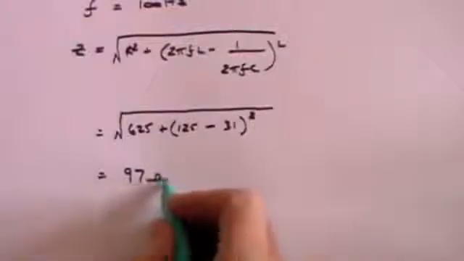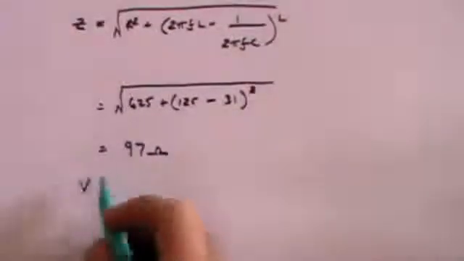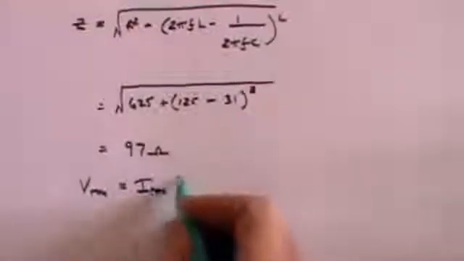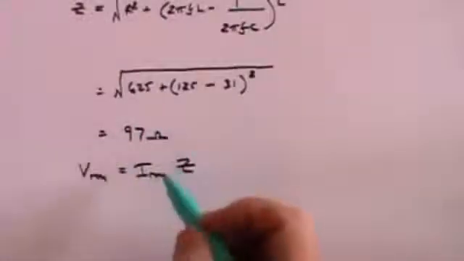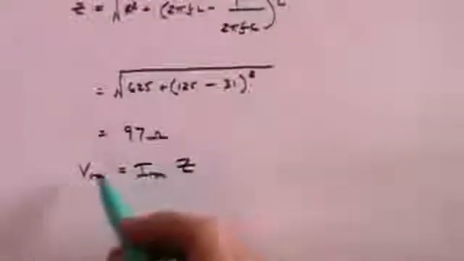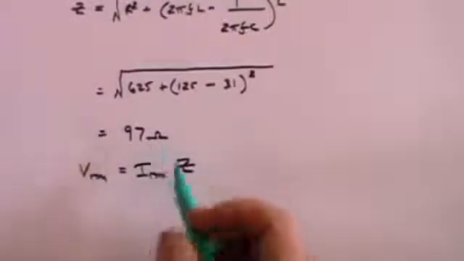And now we can still say that VRMS is equal to IRMS times Z, the total value of the impedance. And that means that IRMS is V, which is of course still 250, divided by Z, which is 97.